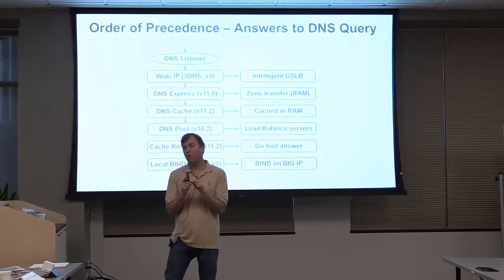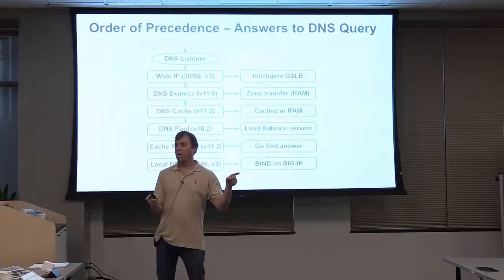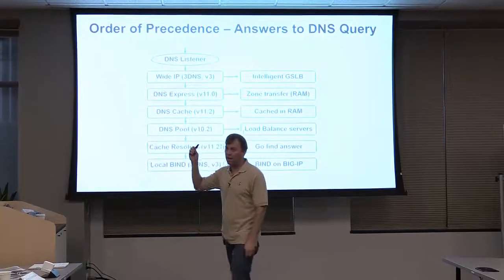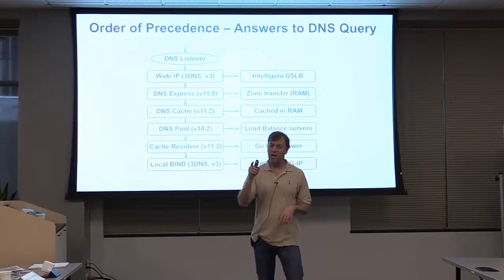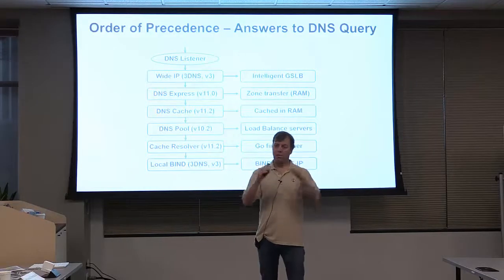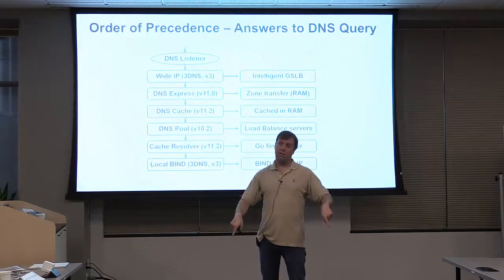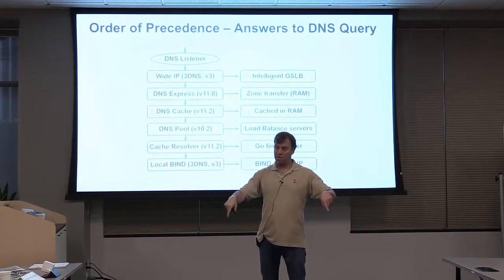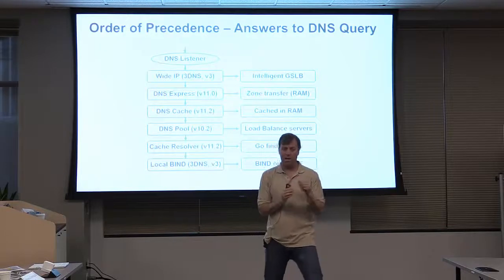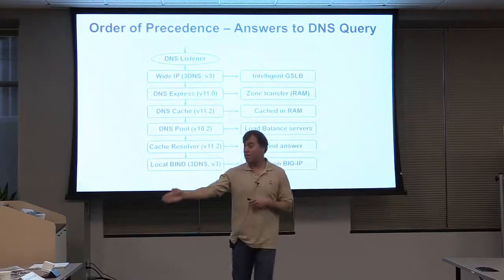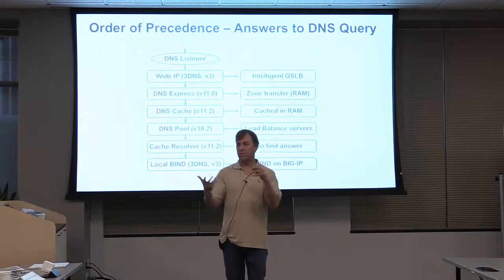And maybe you want your clients to go to the closest one, right? That would be a wide IP configuration that would say, for www.f5.com, I'm going to use this type of load balancing. I'm going to monitor those particular IPs and make sure they're up. And then based off when they come in, I'm going to hand out the best answer for this client, maybe a different best answer for this client.